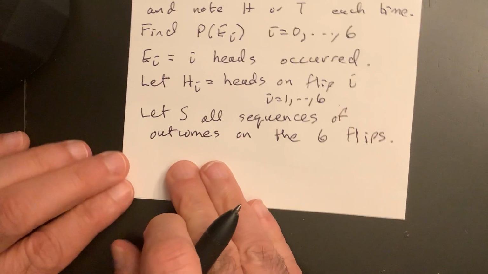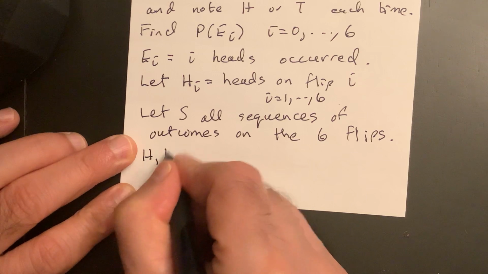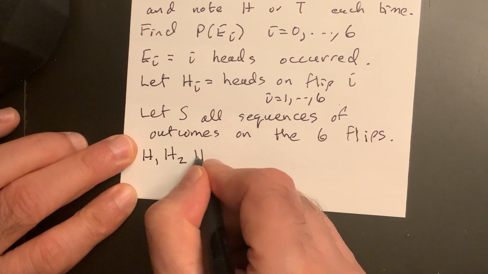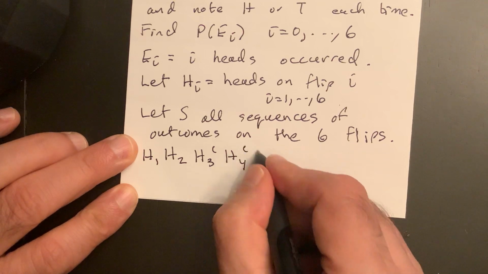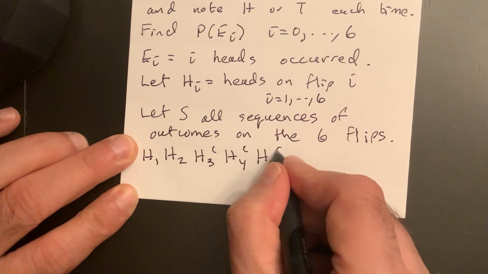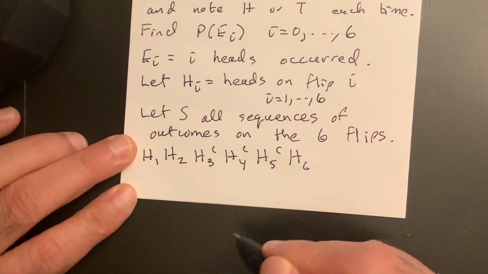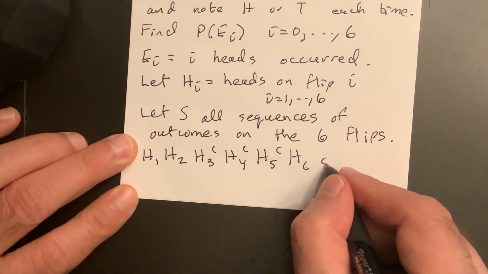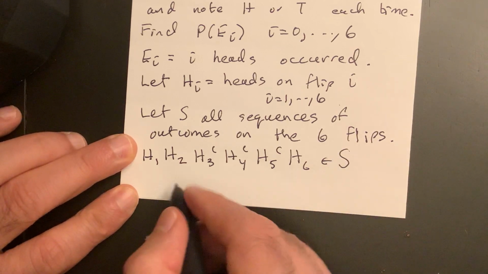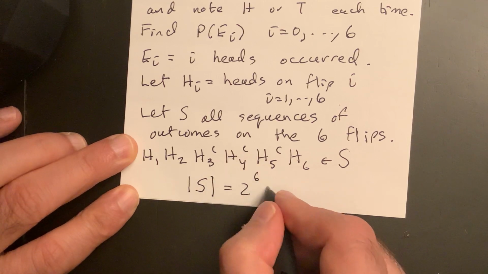Okay, so to be clear, for example, H1, H2, H3 complement, H4 complement, H5, H6 complement is an outcome, although maybe I'm writing it as an event like this, but this is also an outcome in S, and we see that the size of S is 2 to the 6th power.